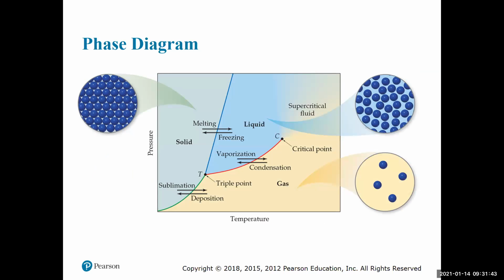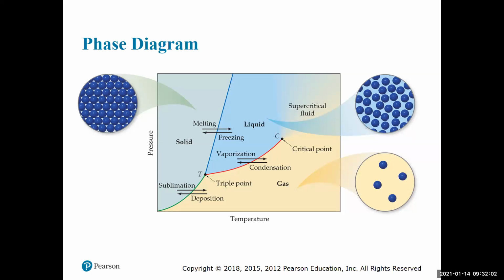What you have is pressure on the y-axis and temperature on the x-axis, and by the colors here and the lines, it shows us what phase we're in: solid, liquid, gas, or supercritical fluid.